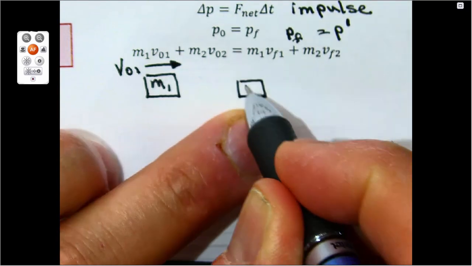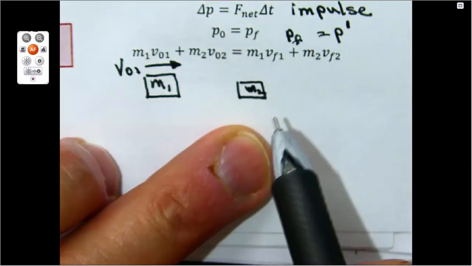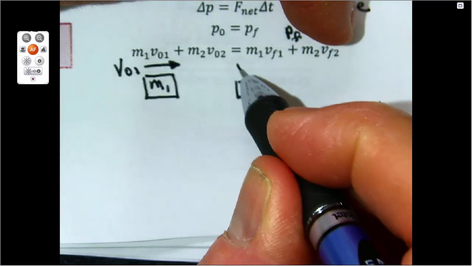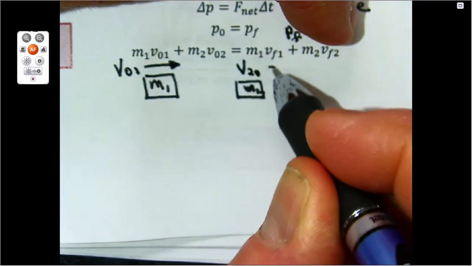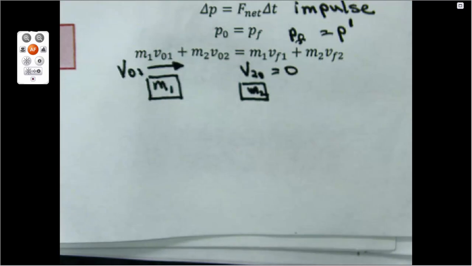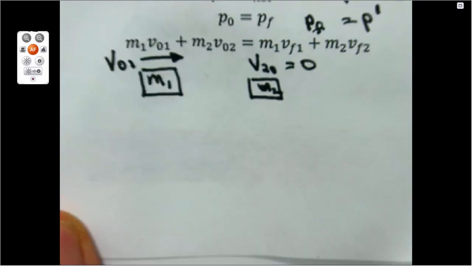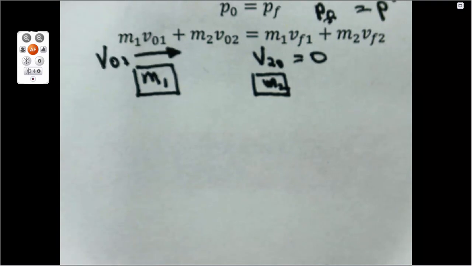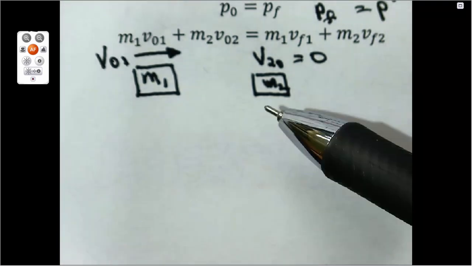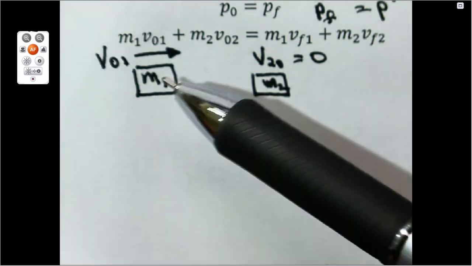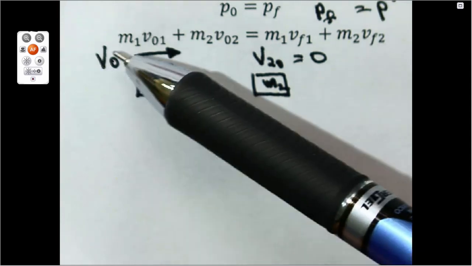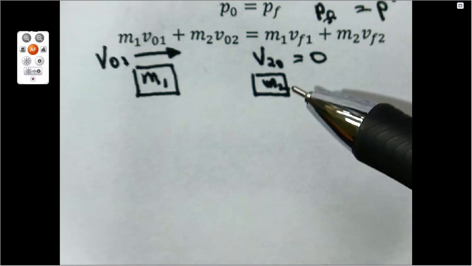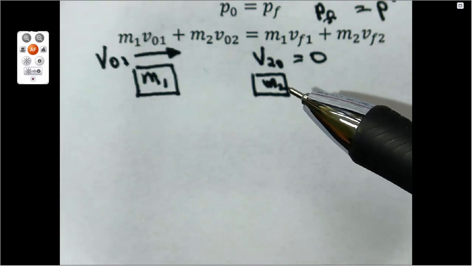If it hits M2, we can add this right here, when V2 initial equals 0. That is not very clear. There we go. Now, we did this problem where this was 0.5, this was 4, this initial velocity was 0, this was 3.5 kilograms, right? That's the problem we just did.